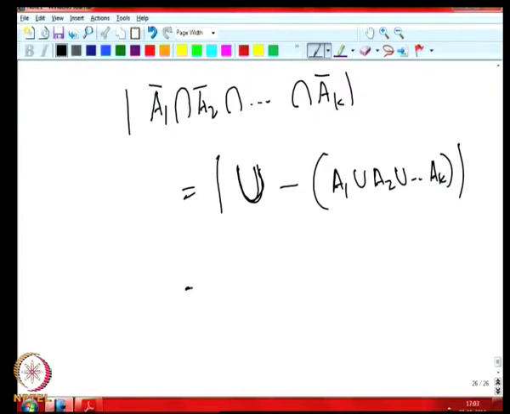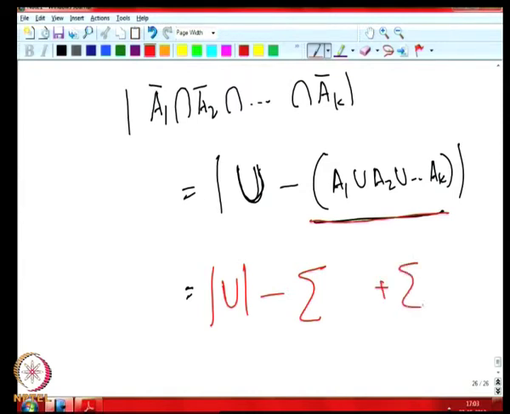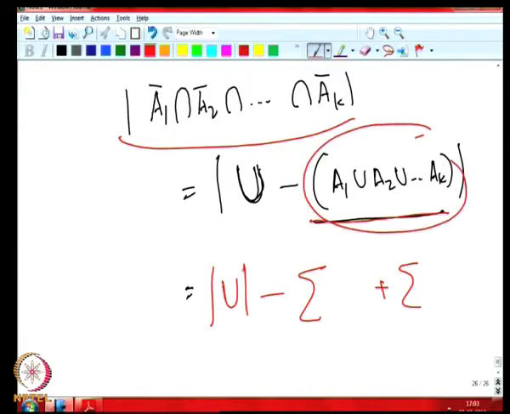Now, of course, suppose I am interested in the cardinality here, this one. It is not at all difficult, because this is U minus something plus something minus something like that. U minus this is what I want, right. I can take the remaining, because U minus this is actually this.